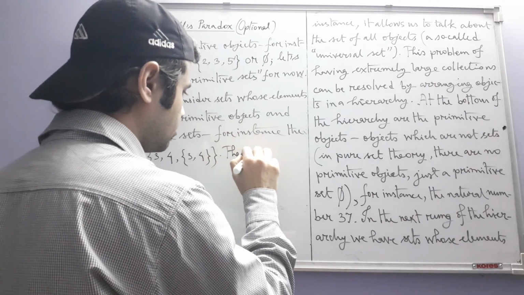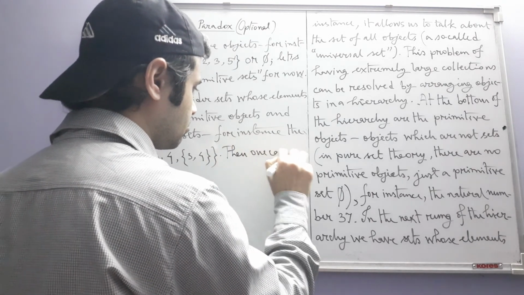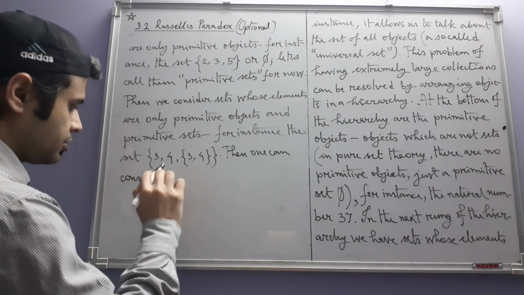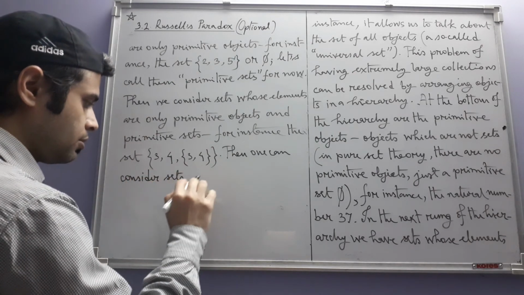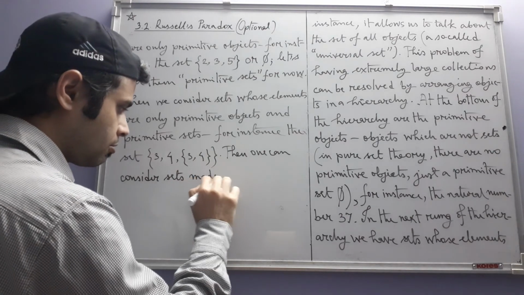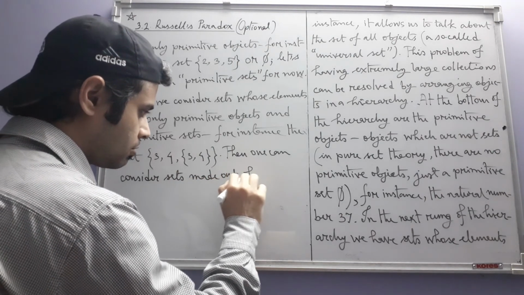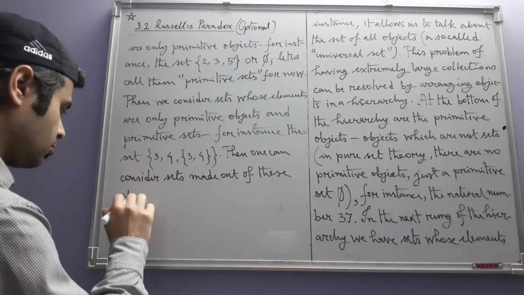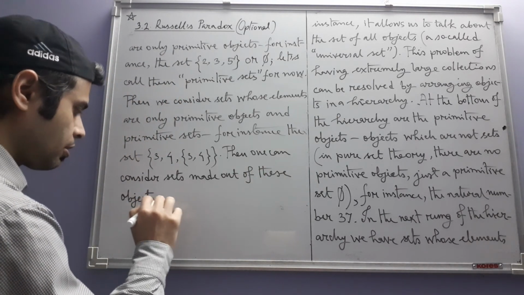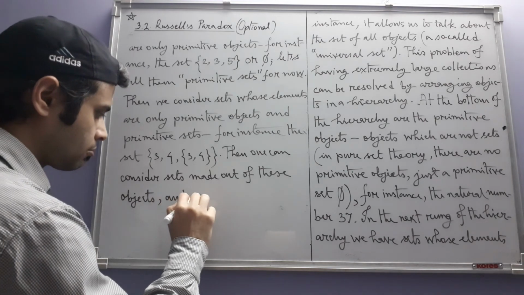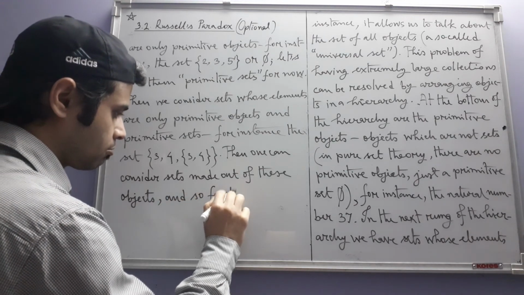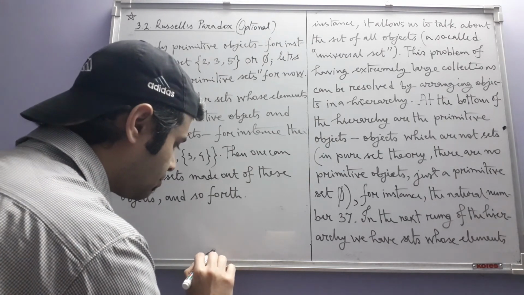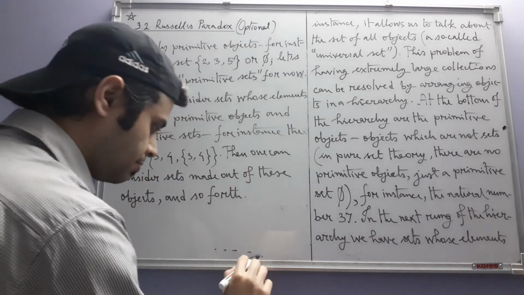Then one can consider sets made out of these objects and so forth. So it's like this. We have the primitive objects here at the bottom.